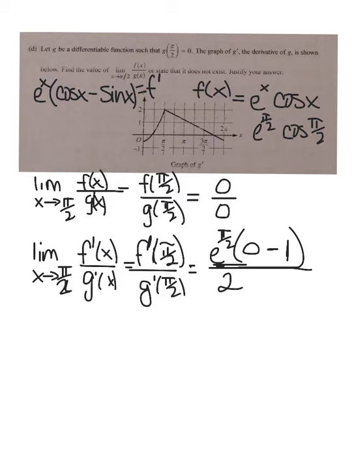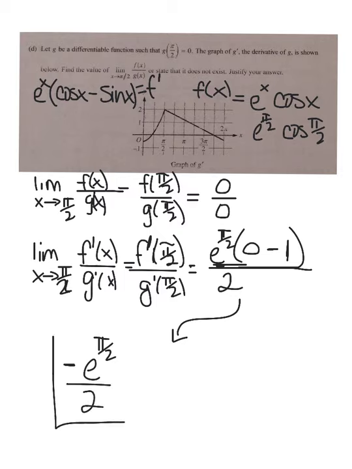All right? So then I'm just going to carry this on down here. So that limit as x approaches pi over 2 is going to be e to the pi over 2, but this is going to be -1, right? So I'm just going to stick a negative right in front of there, and then it'll be over 2. And there's your answer.